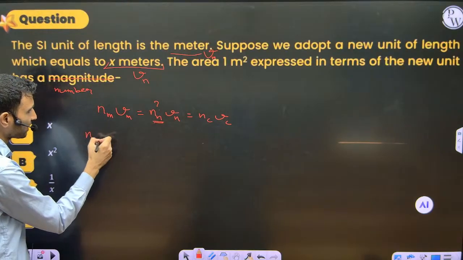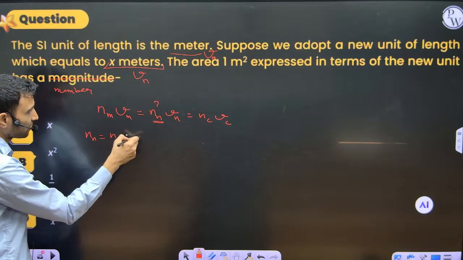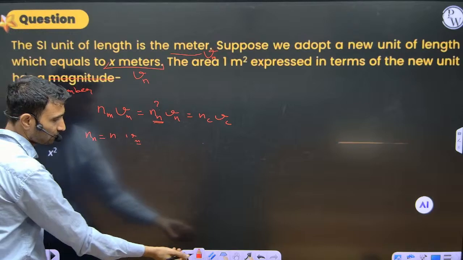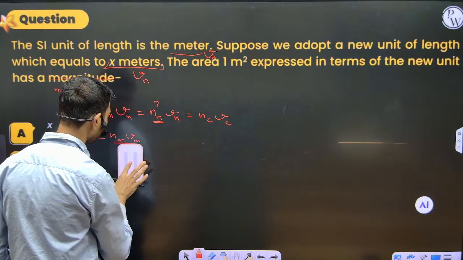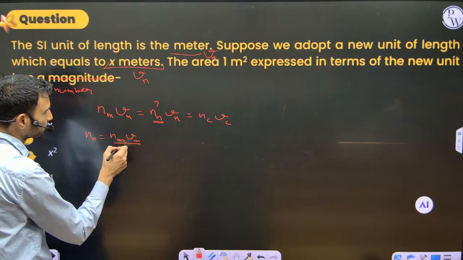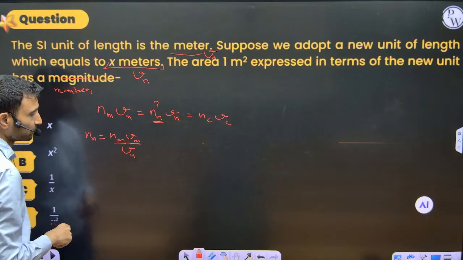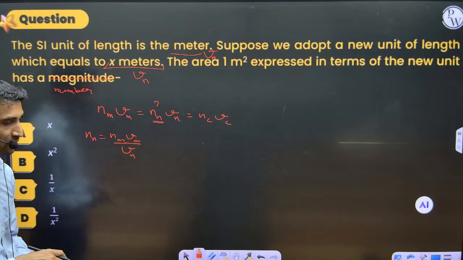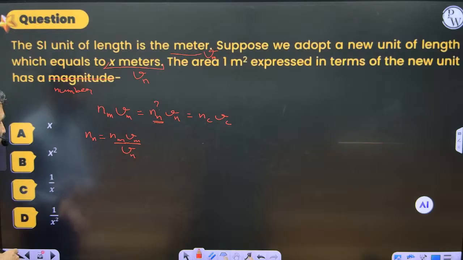Of course, NN is equal to NM UM divided by UN. That's it. So just simplify this, you'll again get the answers, right? Same thing over and over again we are doing. Let's do it.